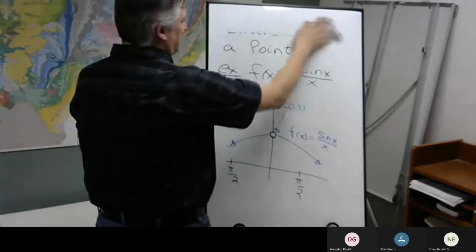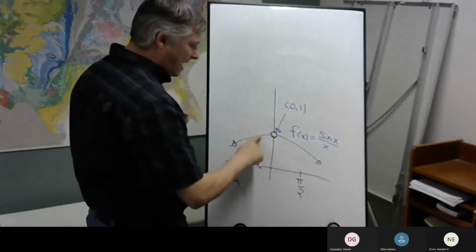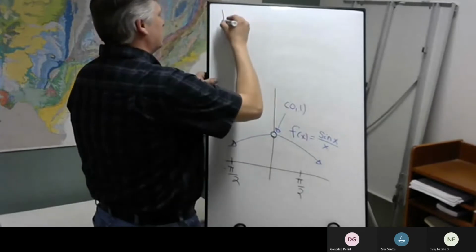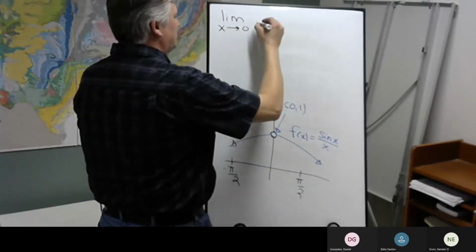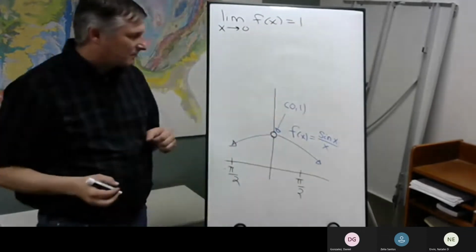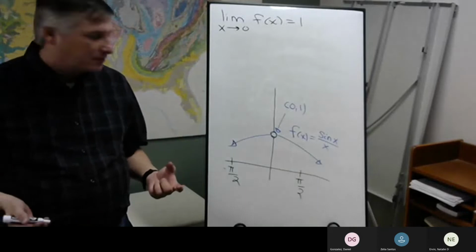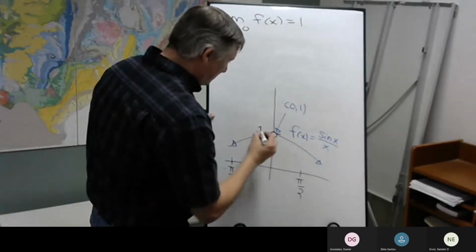So if we take the limit from either side, the limit as x goes to 0 of f of x equals 1, that's all right. And again, this is y equals 1.